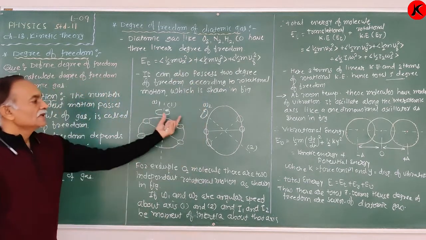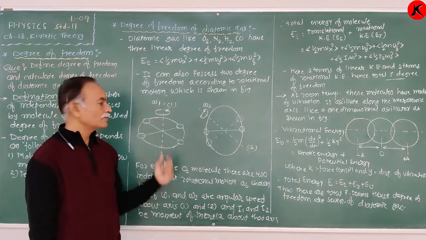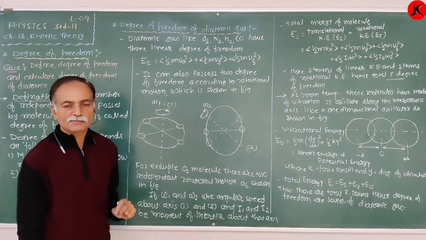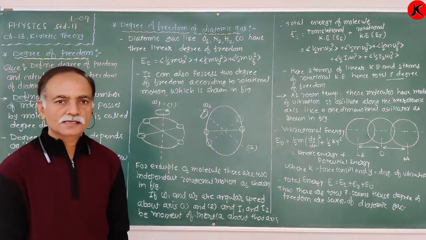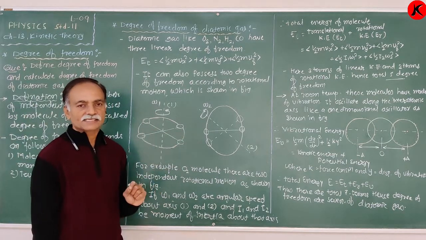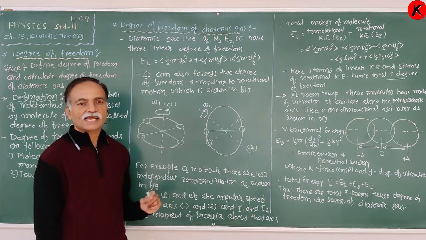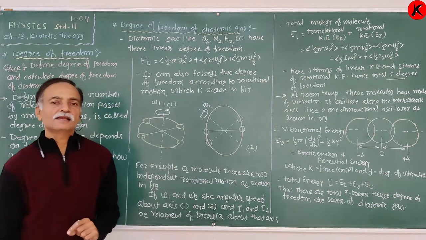Now, the molecule of the diatomic gas, like oxygen, also performs rotational motion about the two axes shown in the figure. Therefore, there are two terms of rotational kinetic energy. So it also possesses energy in the form of rotational motion.